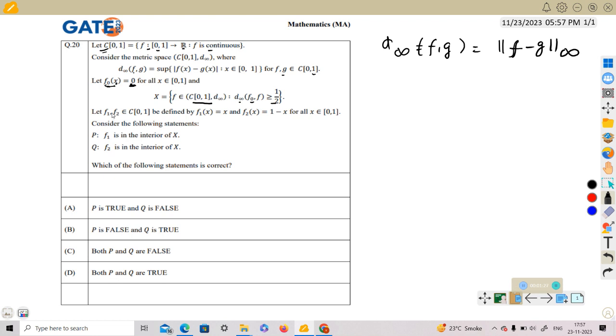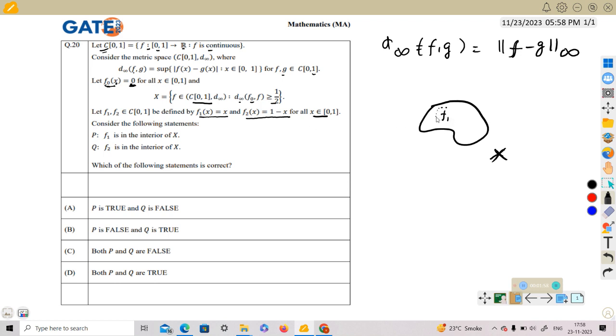So let f1, f2 belong to C[0,1]. f1 is given by f1(x) equal to x, and f2(x) equal to 1 minus x for all x belonging to [0,1]. Consider the following statements: f1 is in the interior of X, f2 is in the interior of X. We need to check this.